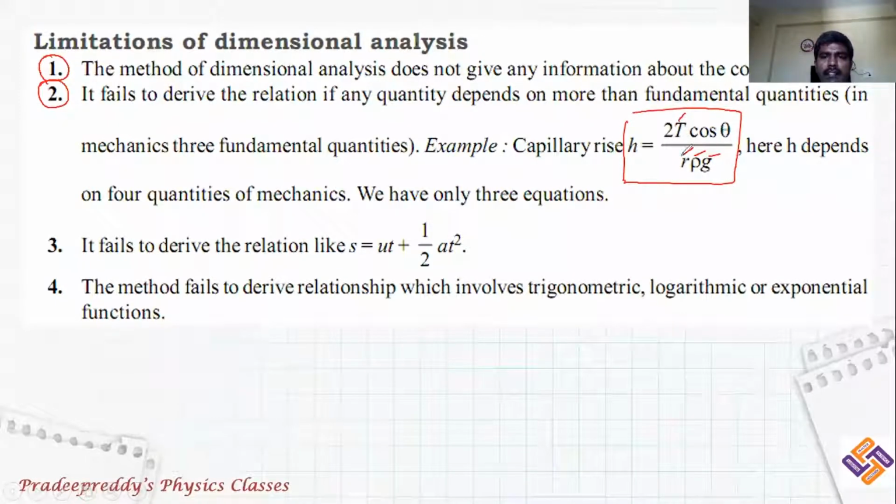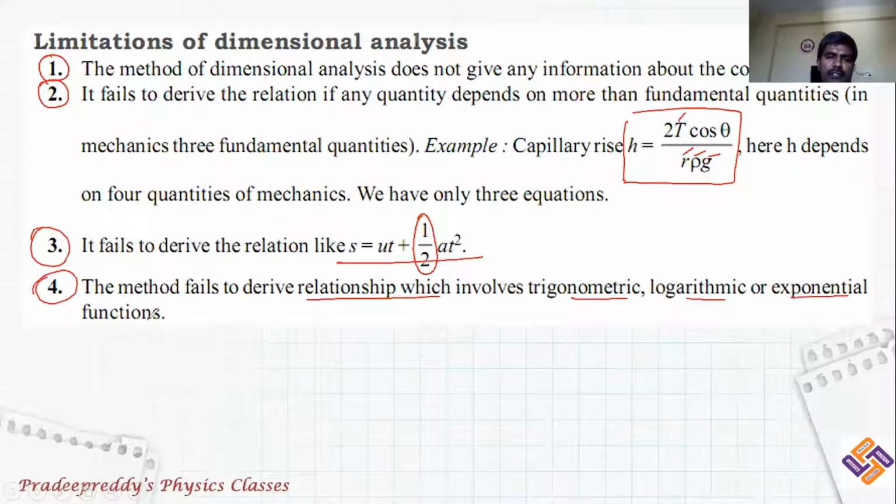You cannot derive this relation using dimensional analysis. Number 3, we cannot derive kinematic relations which involve numbers. Number 4, this method fails to derive relations involving trigonometric functions, logarithmic functions, exponential functions. These are the 4 limitations. You should keep it in your mind.